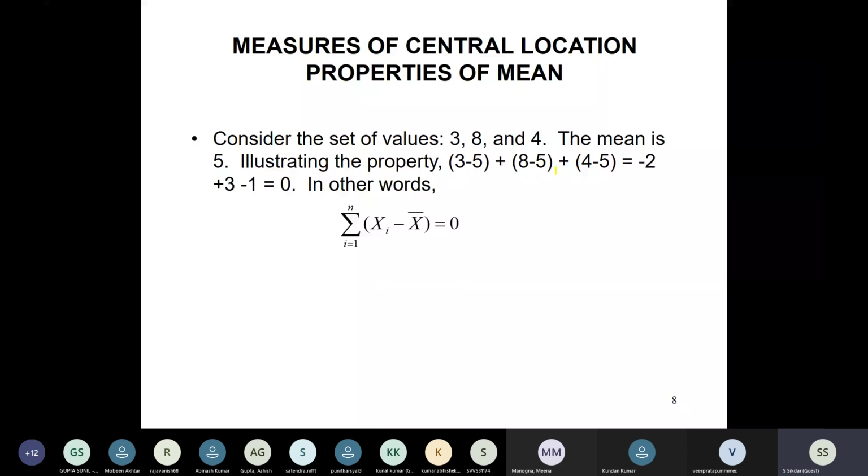If the mean value is 5, then the difference between 3 and 5, and 8 minus 5, if you keep on having this algebraic sum, ultimately you will end up with 0. That is mathematically shown: xi minus x bar, where xi is any score or value of the sample and x bar is the mean. If you keep on summing, the algebraic summation will always be 0. That is the property of the mean.